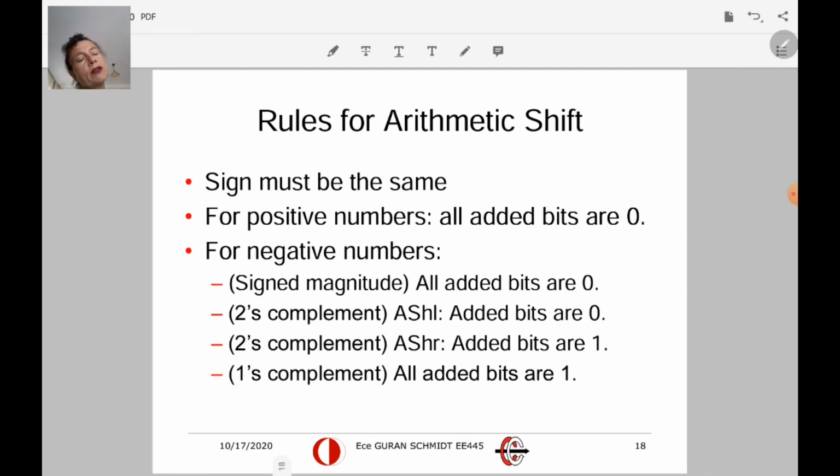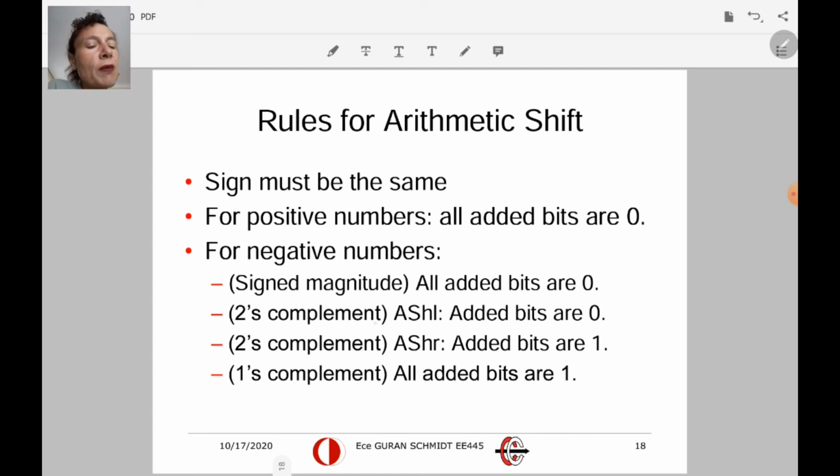So when we look at rules for arithmetic shift, first of all, the sign has to be preserved. For positive numbers, all inserted numbers are 0. For negative numbers, if we have a signed magnitude, the inserted new bits are 0 because it's just the magnitude, okay? So it's essentially the same as the logical shift, keeping the sign.